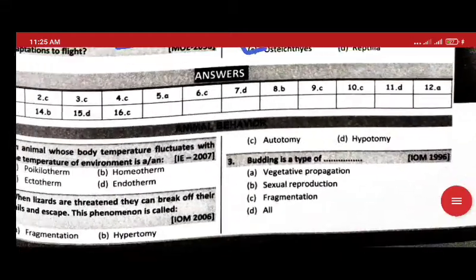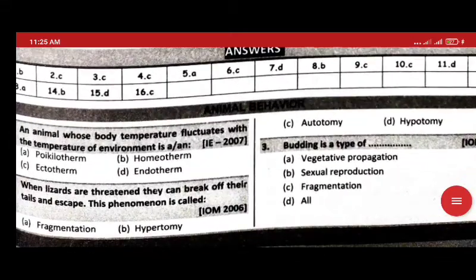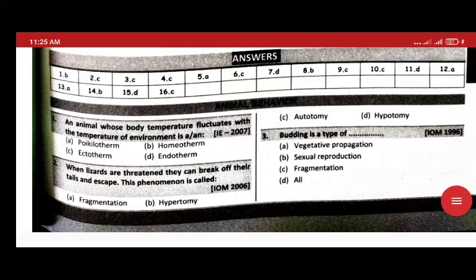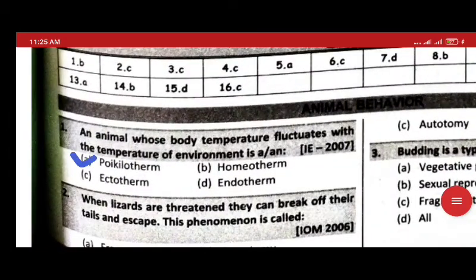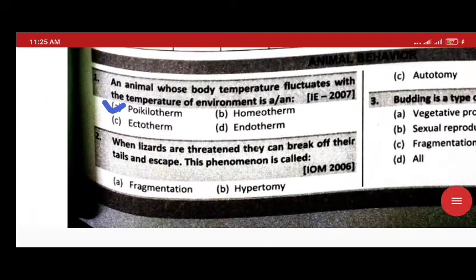Now here we come to another topic, animal behavior. An animal whose body temperature fluctuates with the temperature of the environment, that is called poikilothermic, meaning cold blooded animal. Number 2: when lizards are threatened, they can break off their tail and escape.